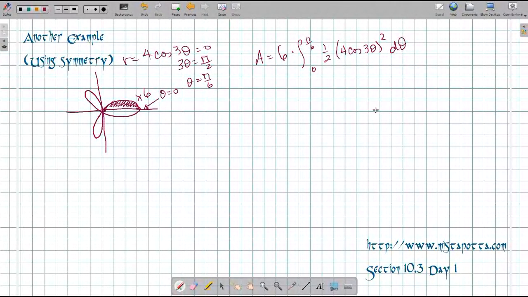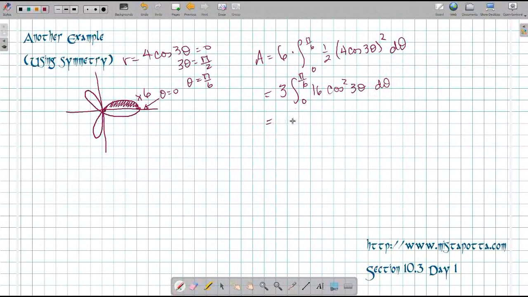And again, I can do some simplifying. This is really going to be 3 times the integral from 0 to pi over 6. And because it's squared, this is really 16 times cosine squared 3 theta d theta.